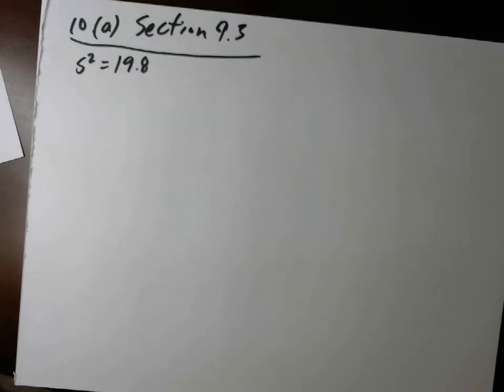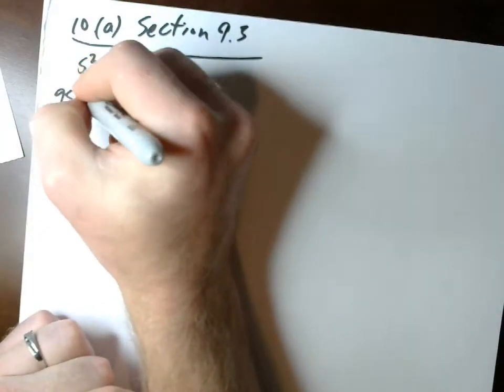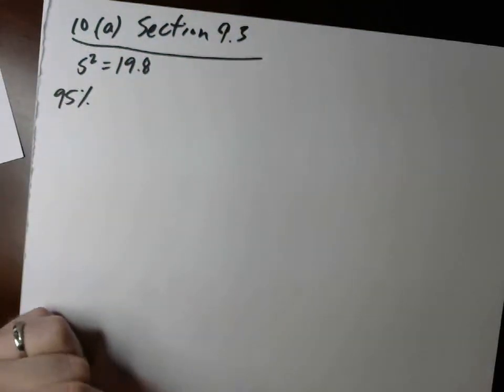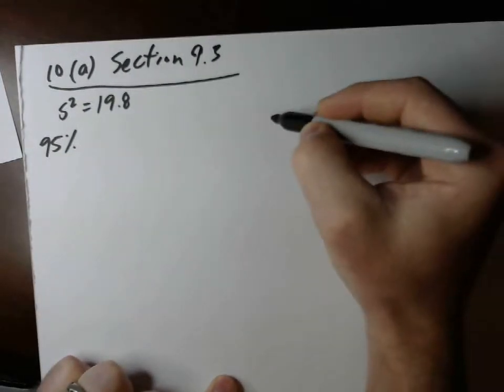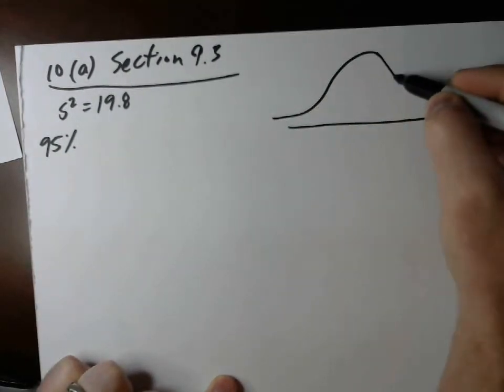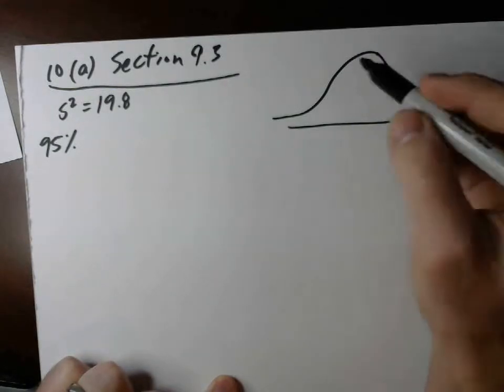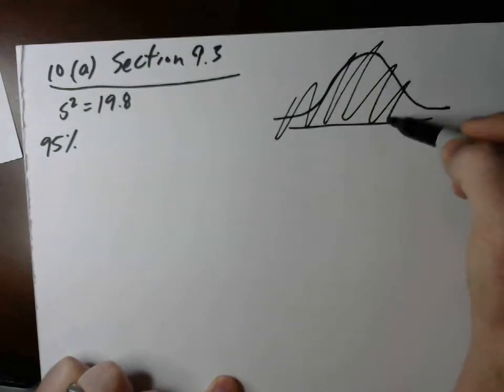Then on top of that, we look at part A, and we see that we're going to construct a 95% confidence interval for sigma squared. If you think about it, draw a picture if you need to. I'll go ahead and do that so you can visualize it. Actually, I'm going to redo this.